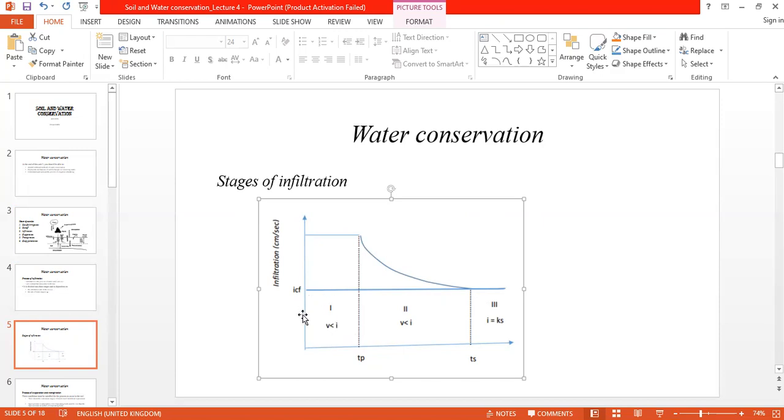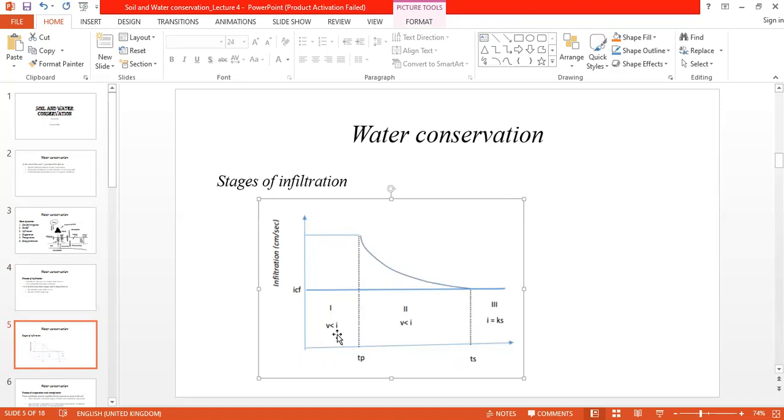In stage 1, the irrigation rate would be higher than... let's see. I think I made an error when putting these ones.